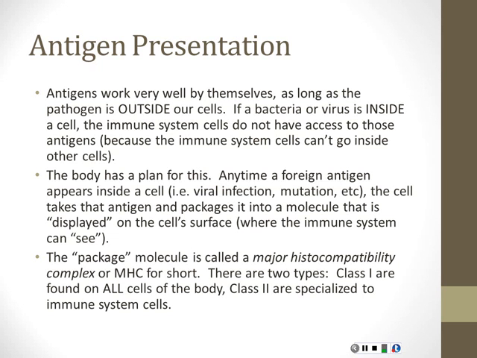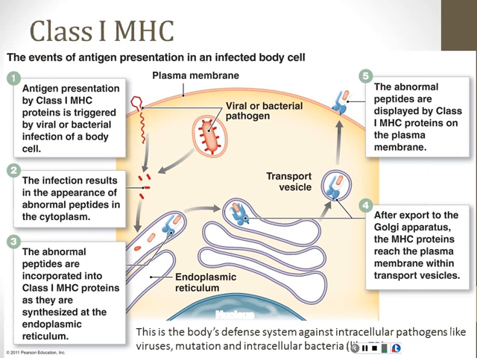Class 2 MHCs are only found on what are called antigen-presenting cells, in other words, immune cells. And the fact that there are two classes does kind of matter to how the system works. So we have class 1s found on all cells, class 2 found only on antigen-presenting cells, which are always immune system cells. So let's look at the class 1 system.